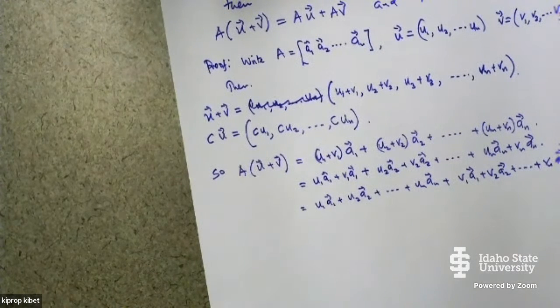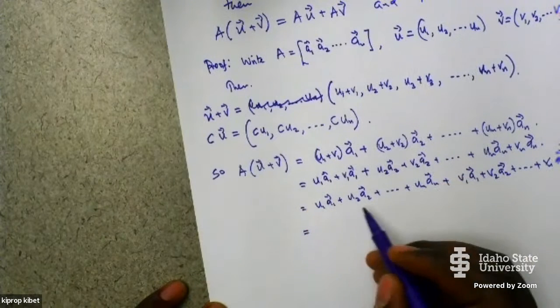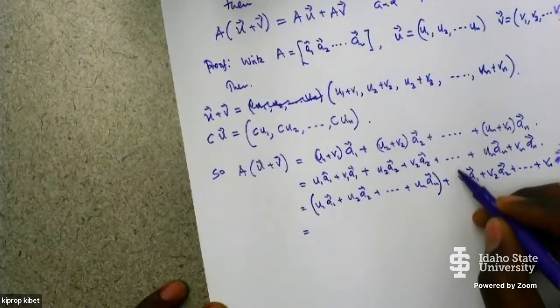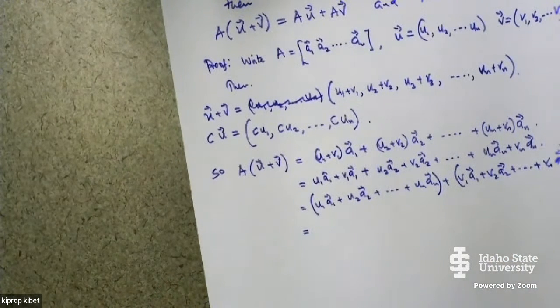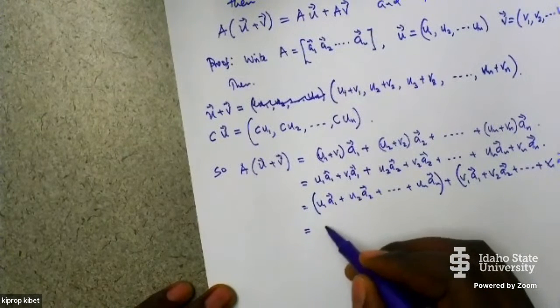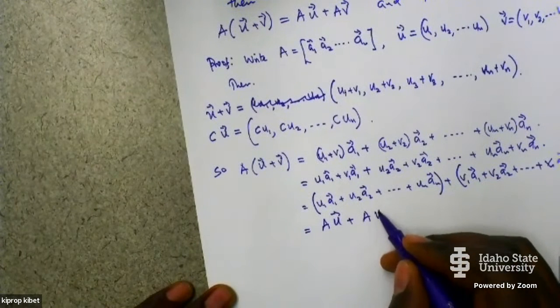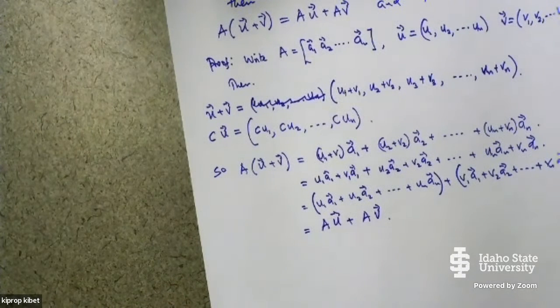Therefore, this is like multiplying A by U, plus multiplying A by V.